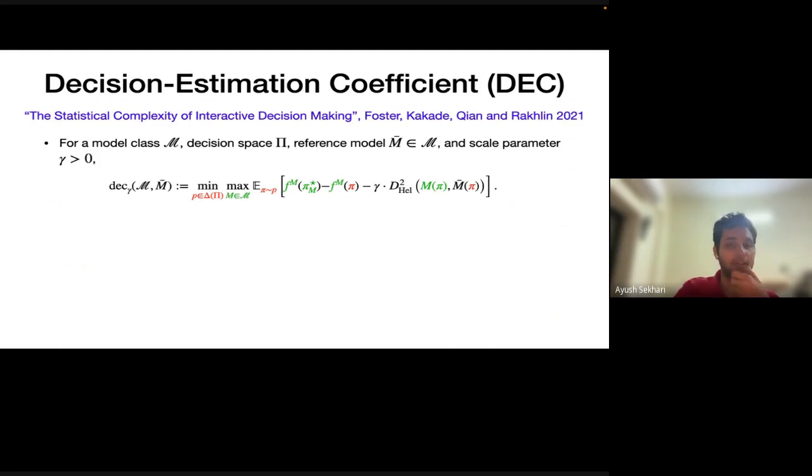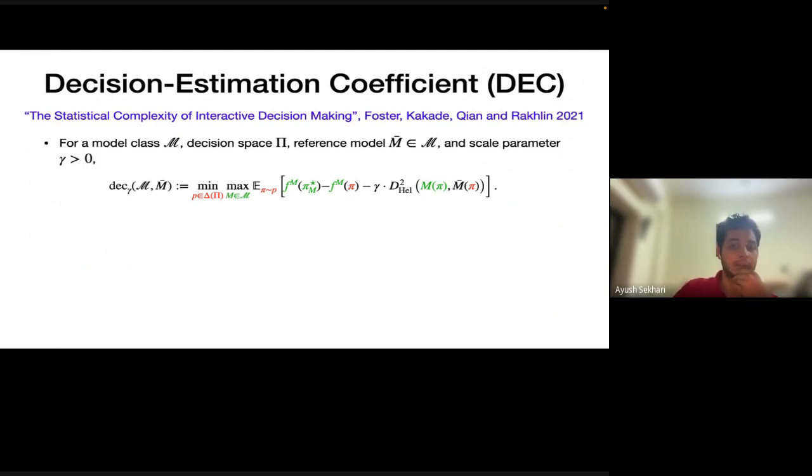And both are trying to optimize with respect to this objective that at a high level provides a balance between the worst case regret and the information that is gained by playing decisions according to the distribution P.